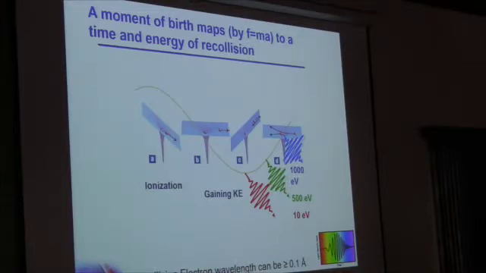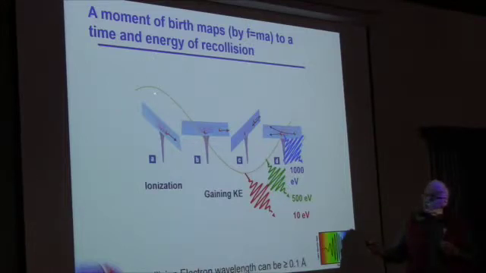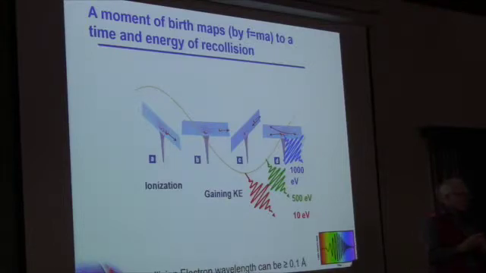The electron will go out and come back and cross its initial position. You will also find that there are two times when an electron can go back with the same energy.